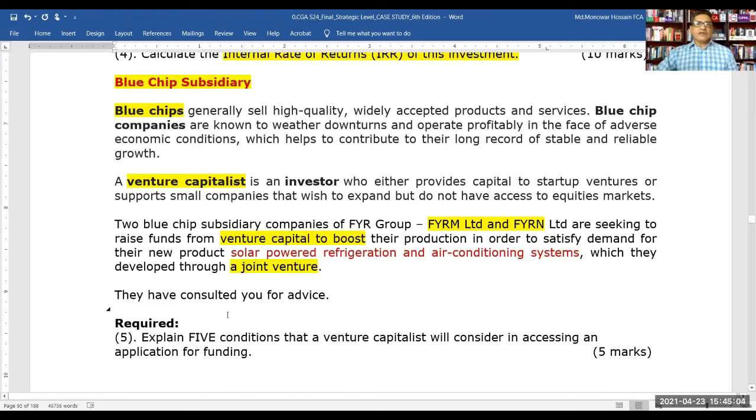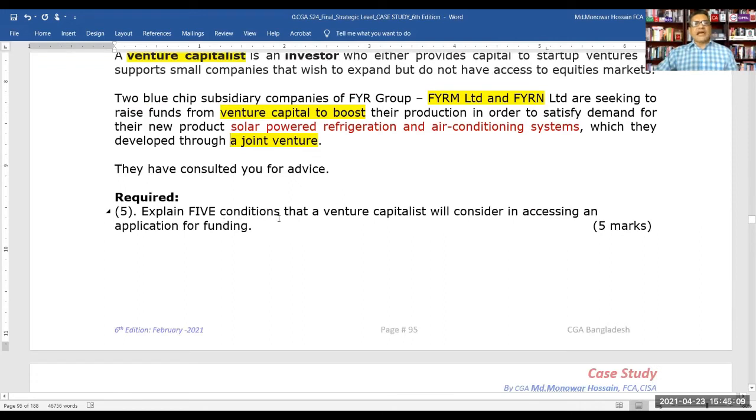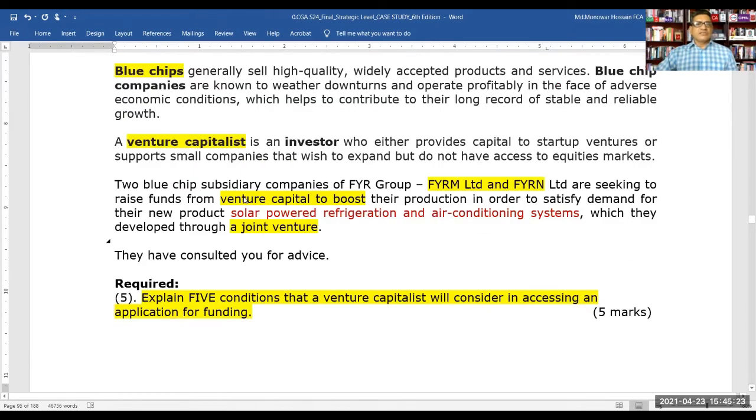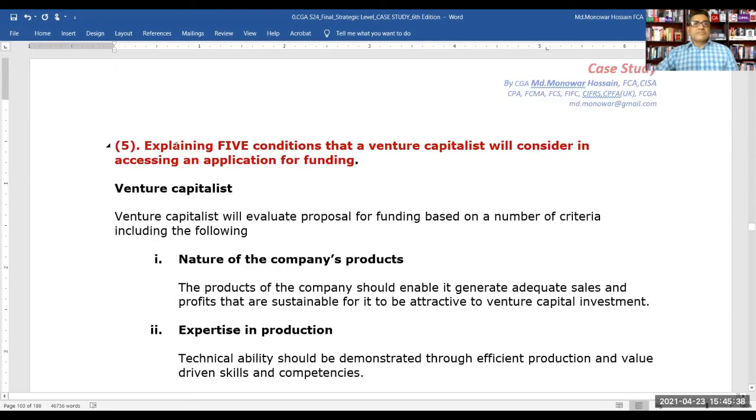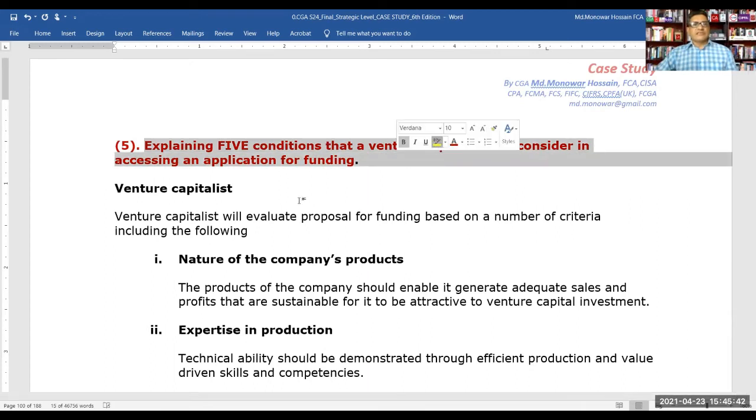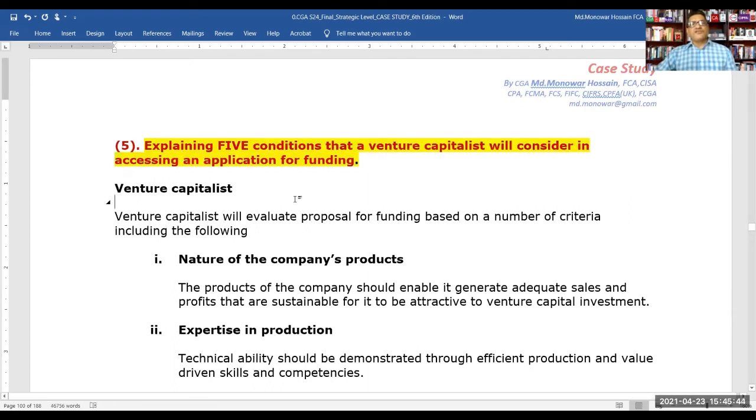They have consulted you for advice. Explain 5 conditions that a venture capitalist will consider in assessing an application for funding. There are 5 marks. So it's the theoretical answer. So if we go for the answer, explain 5 conditions that venture capital will consider in assessing an application for funding. So venture capitalist, what is?